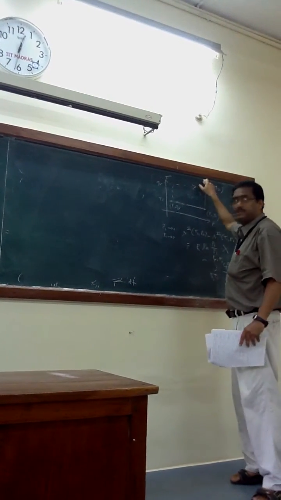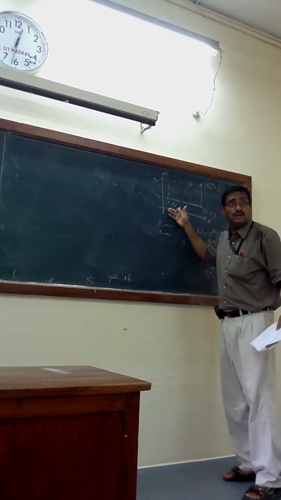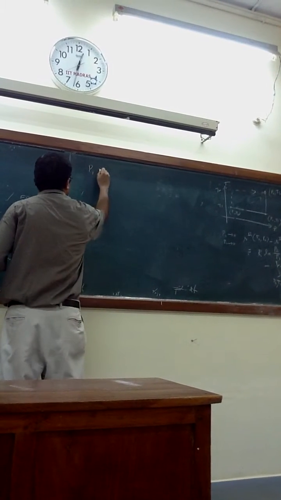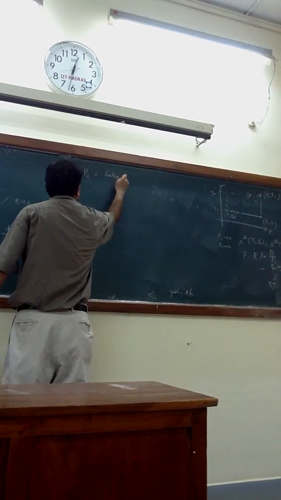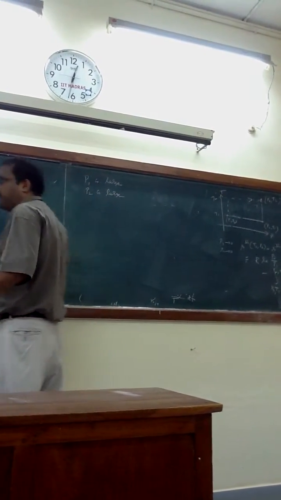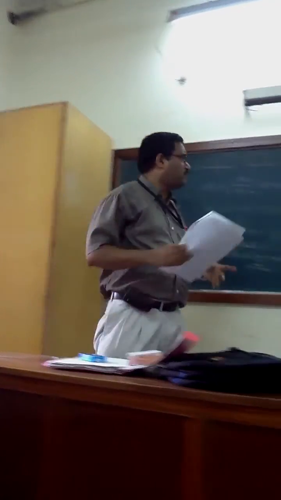I can have my P1 as P1 tends to 0. No, P1 cannot be tending to 0. P1 is a very large value. P2 is large. I cannot change these P1, P2, otherwise my problem is solved.